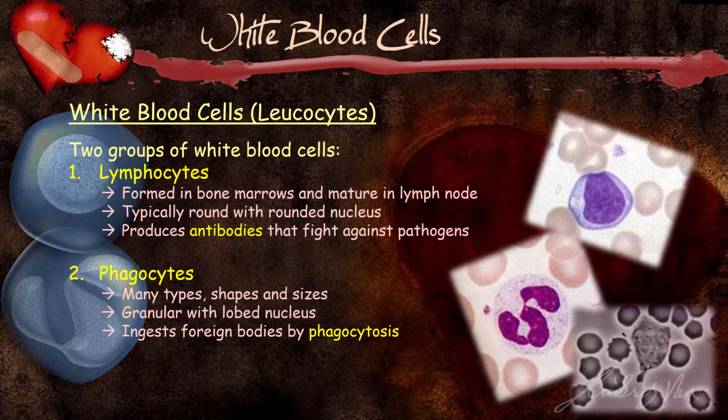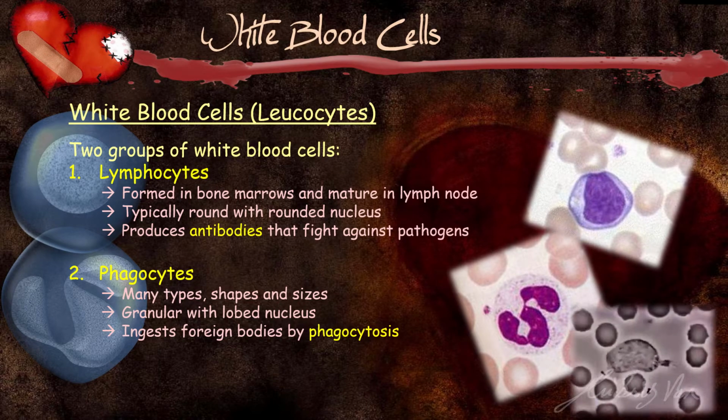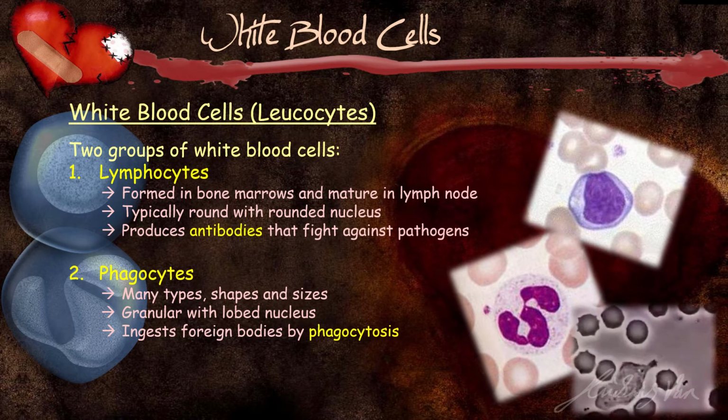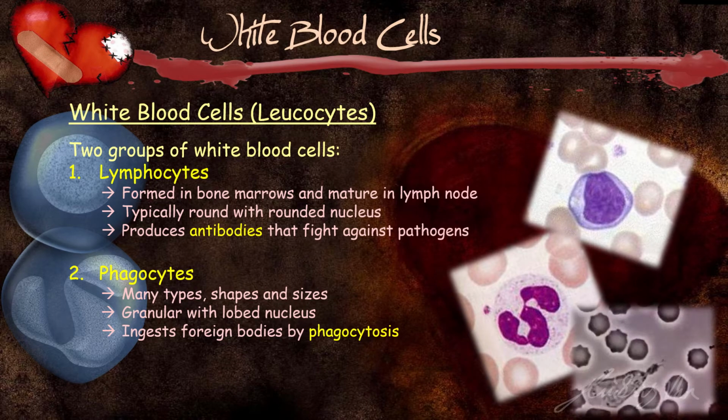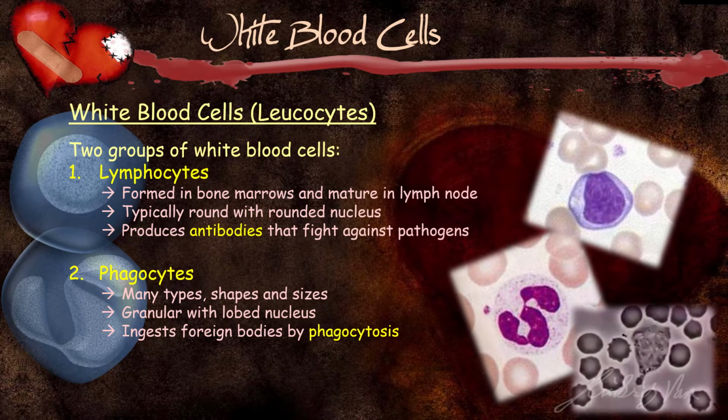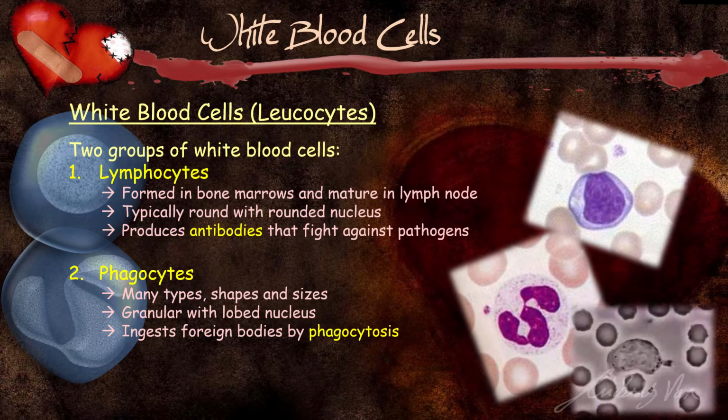The antibodies will tag on to pathogen or foreign object. This will allow the other type of white blood cell or phagocytes to identify them and ingest them through phagocytosis. So these are the two functions: produce antibodies as well as phagocytosis.